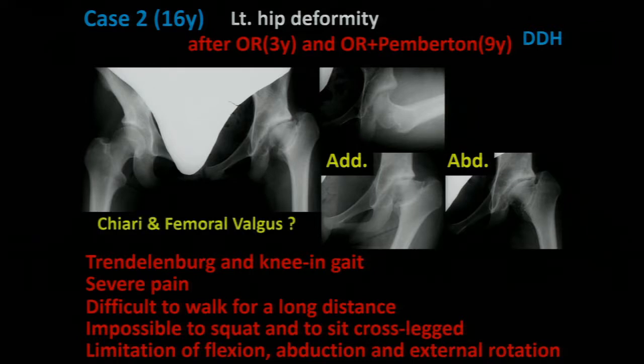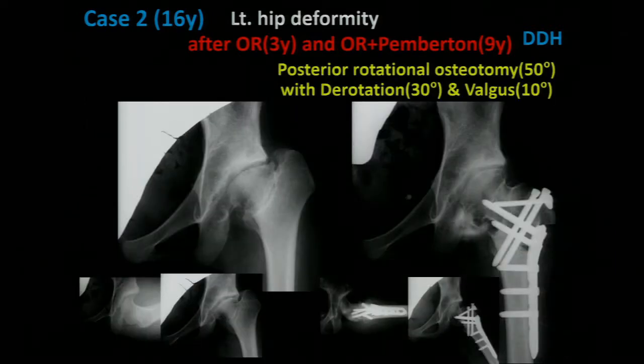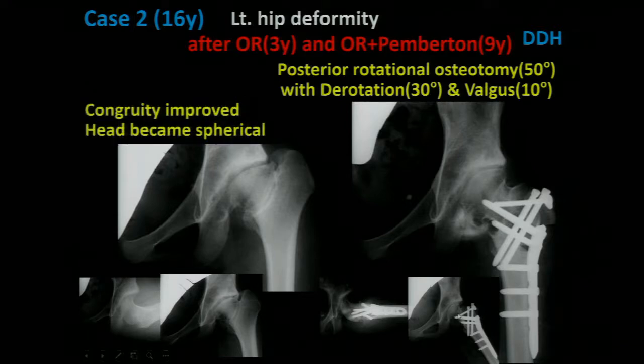Many patients will choose a Chiari and femoral valgus osteotomy, but I didn't choose it because this cannot improve function. My choice is posterior rotation osteotomy with dilatation and valgus. As you can see, this patient can abduct well. Congruity improved, the head became spherical, the spur disappeared, and abduction improved.